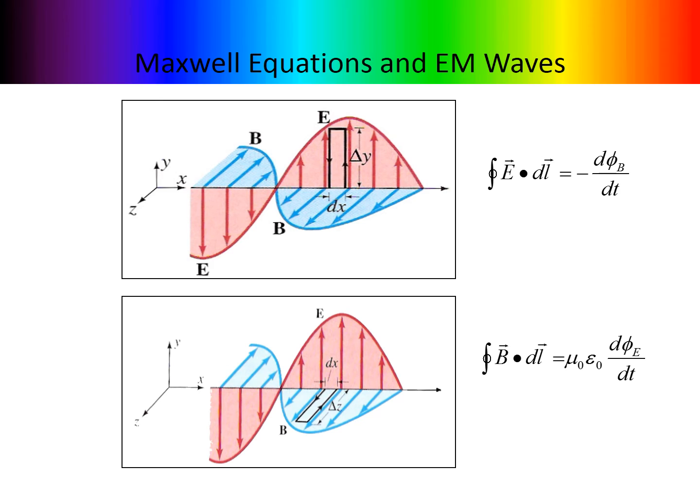The bottom picture is to apply Ampere's law. Here we've drawn an integration path around which we have magnetic field lines, and that will have electric flux passing through it. These are the pictures that we're going to be using for the entire derivation.